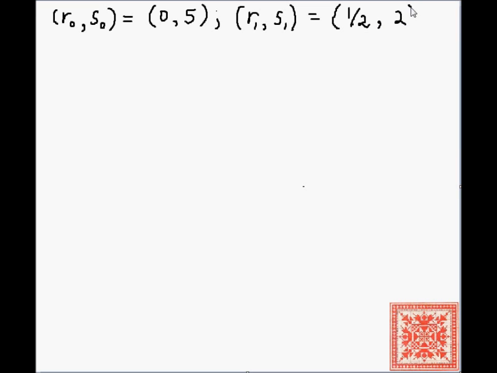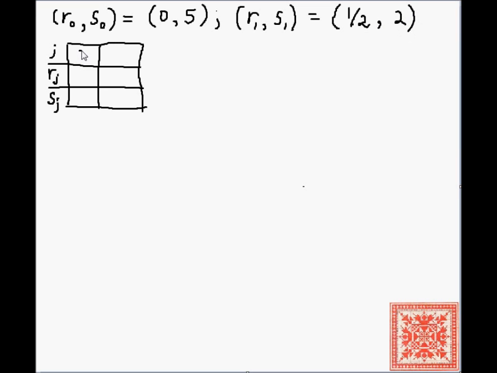Okay, so we can draw this table. This is the value of J. There are two possible values of J, 0 and 1. R sub 0 is 0, and R sub 1 is half. So at R sub 0, the value of the signal is 5, and at R sub 1, the value is 2.